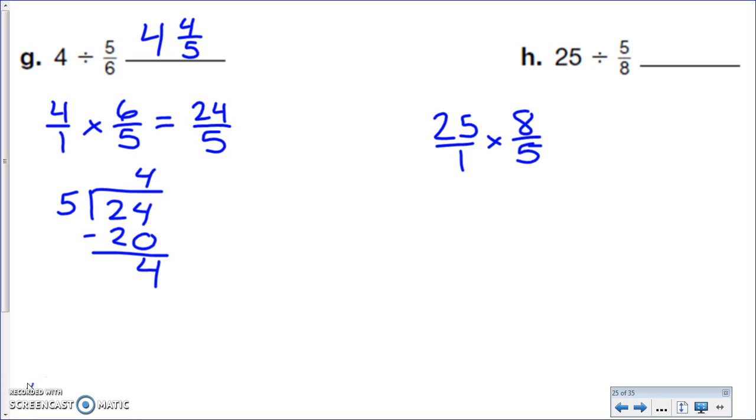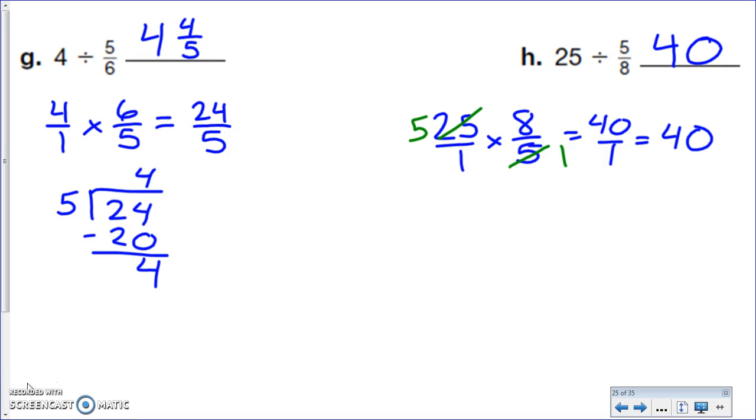So the 25 becomes 5 because 25 divided by 5 is 5, and 5 divided by 5 is 1. Now we just multiply across. 5 times 8 is 40, 1 times 1 is 1. So our answer for 25 divided by 5/8 is 40.